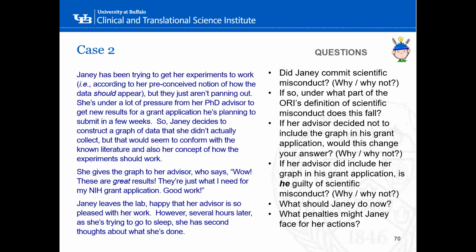Because I think what we can just talk about is whether or not the advisor could be brought up on allegations of misconduct at his institution, but whether he actually would be found guilty might be problematic. I'll talk about it in just a moment, but I want to give Gauri an opportunity to speak.